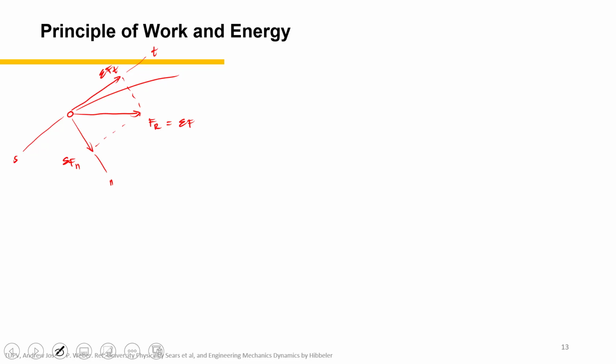The particle travels from point, let's say this is S1, to point S2, and let's show the small differential displacement, or distance rather, and this is its velocity.